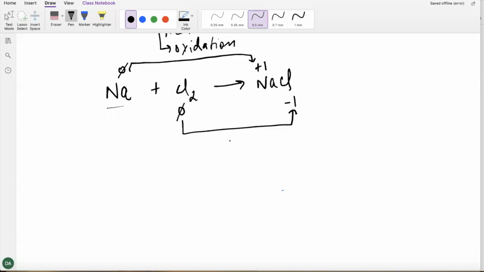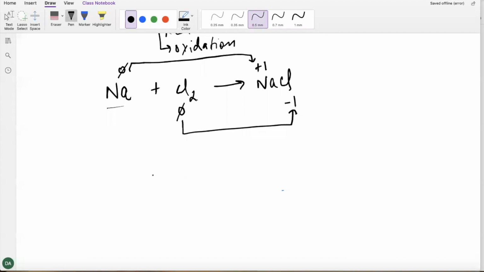Now, can you describe what is actually happening here? Who is gaining and who is losing the electron? Sodium lost and chlorine gained. Exactly. Sodium, which had a charge of 0, became +1, meaning it lost 1 electron. And chlorine gained that electron. That's why it went from 0 to -1. Does that make sense, everyone?